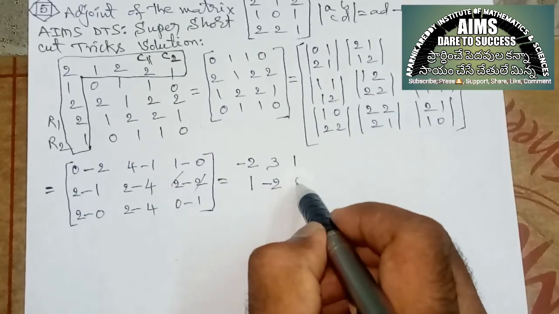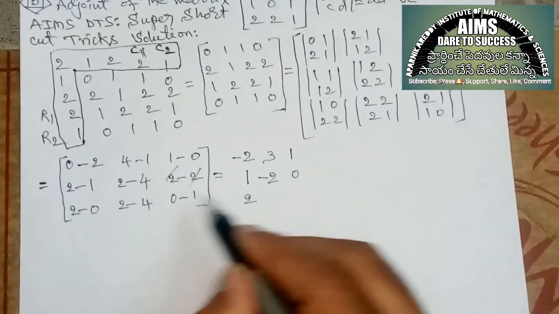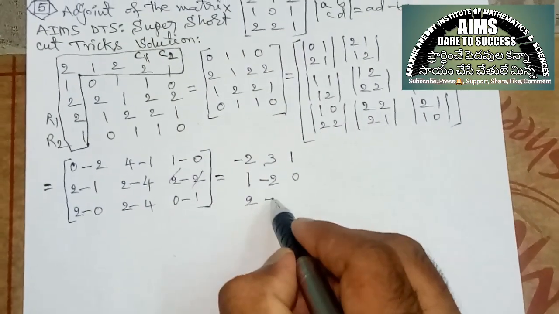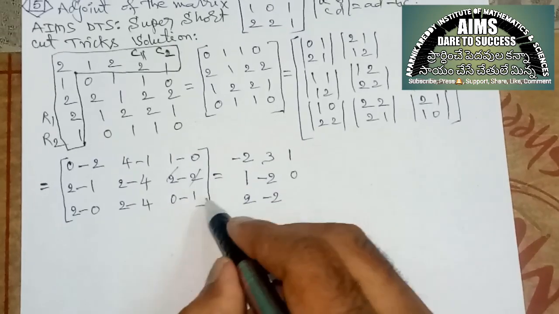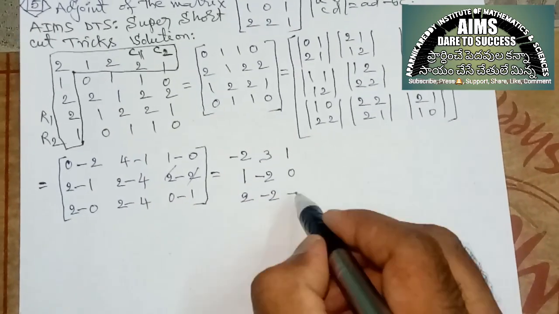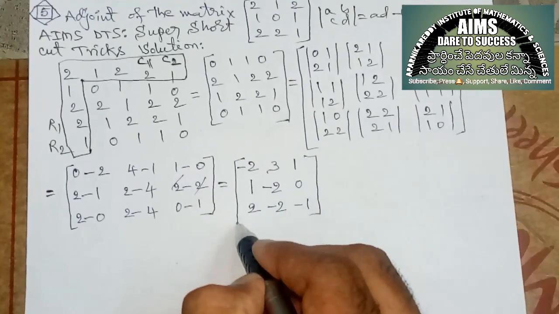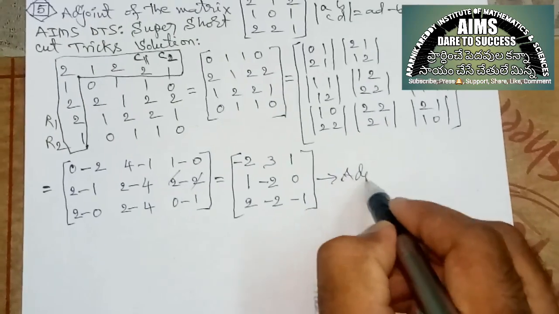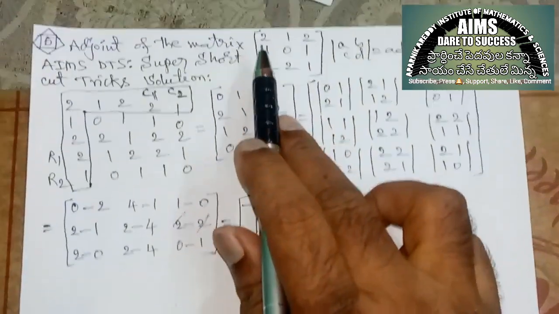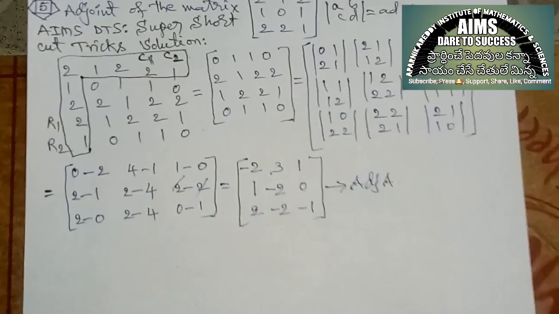Plus 2 minus 2 get cancelled, 0. 2 minus 0 is 2. 2 minus 4 is minus 2. 0 minus 1 is minus 1. This is the adjoint of the given matrix 2 1 2, 1 0 1, 2 2 1.